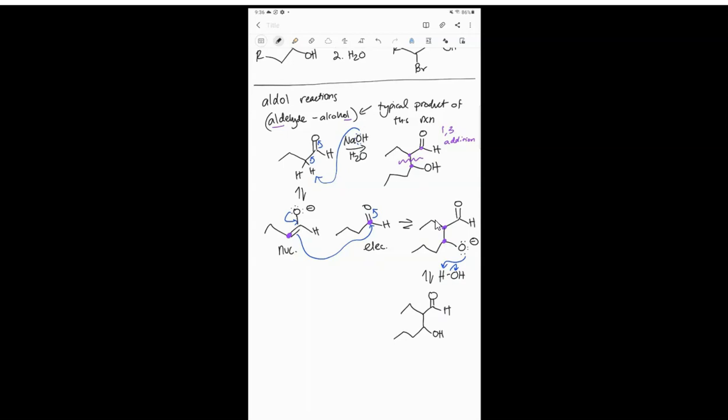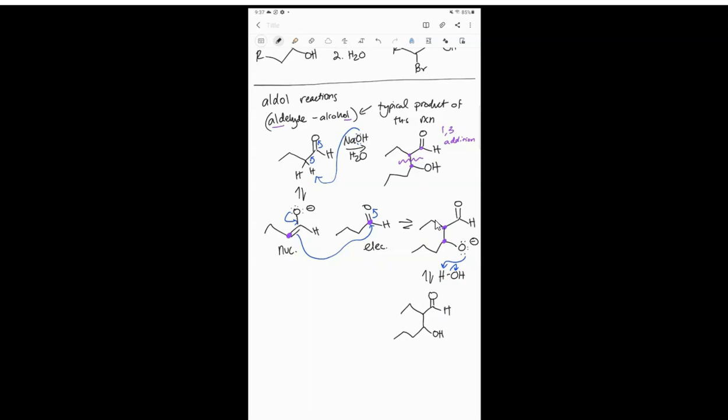So an enolate type reaction. We have our base deprotonate our aldehyde, forming the enolate. The enolate is a pretty strong nucleophile. Our aldehyde is a pretty strong electrophile, so those will react right away.